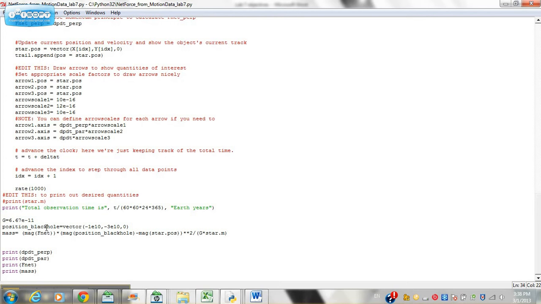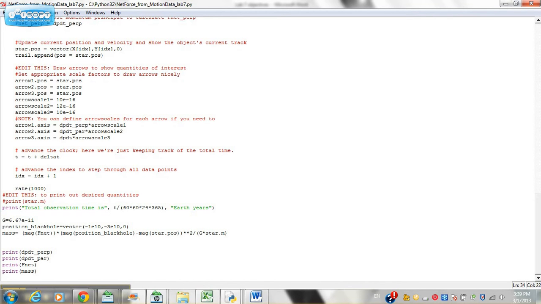And here's a constant g. I set g equal to 6.6 times 10 to the negative 11th, and I solved it using magnitude of the F net times magnitude of the position of the black hole minus the star position, squared, over g times star mass.